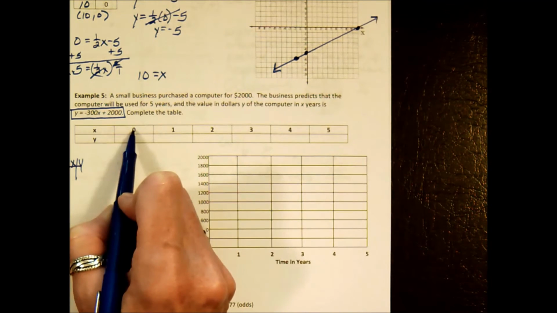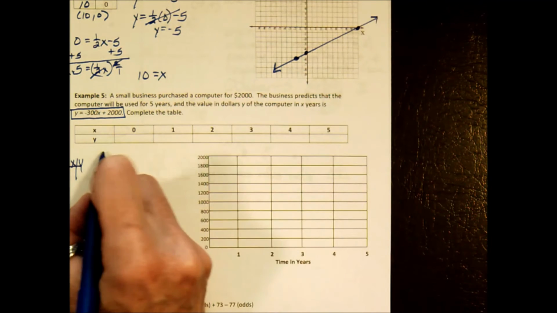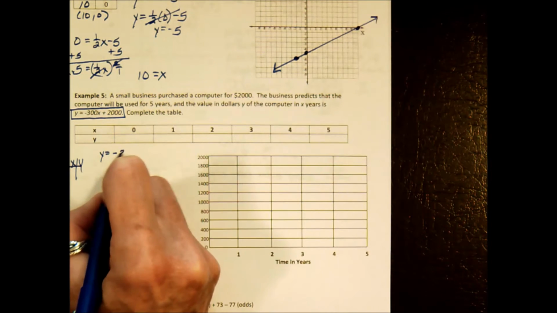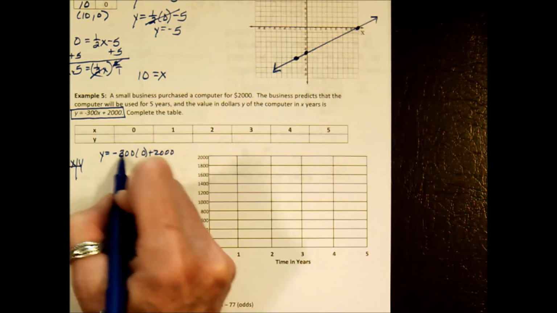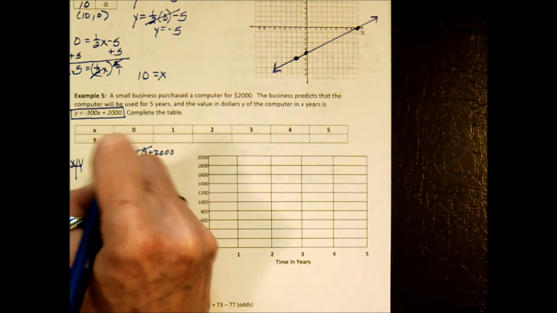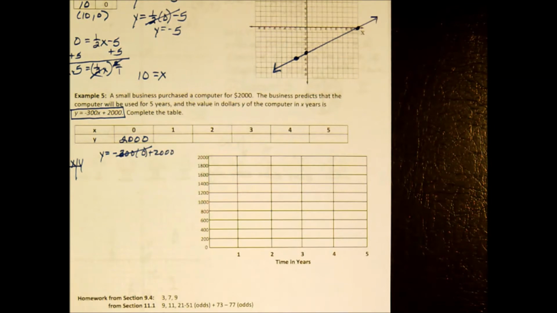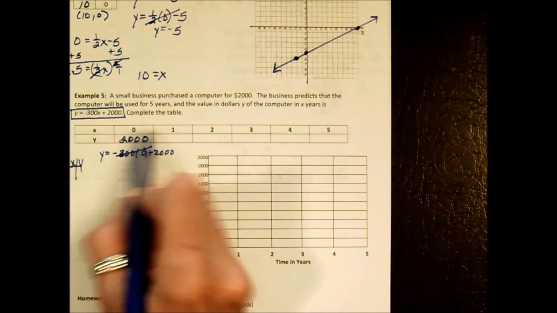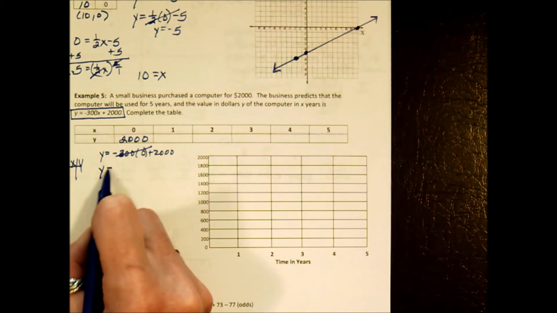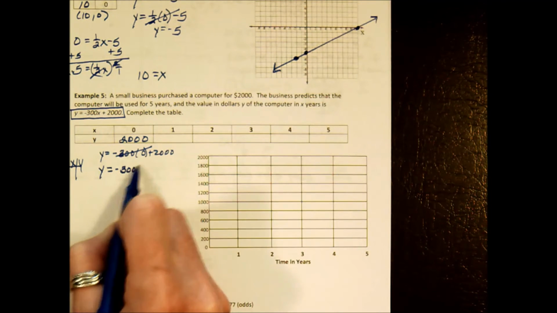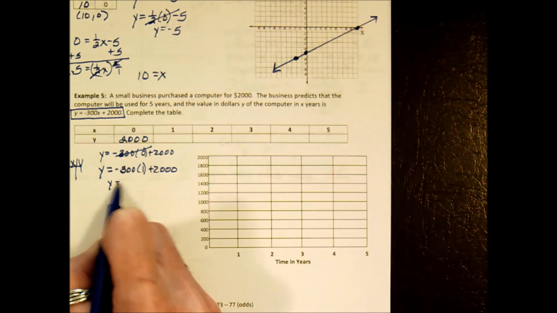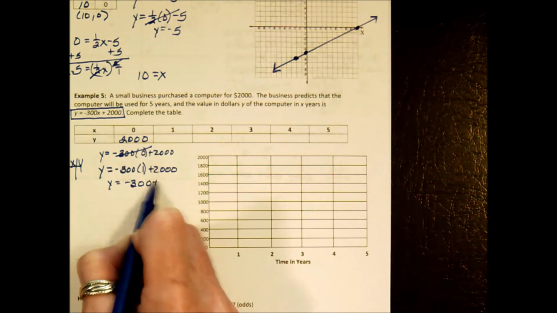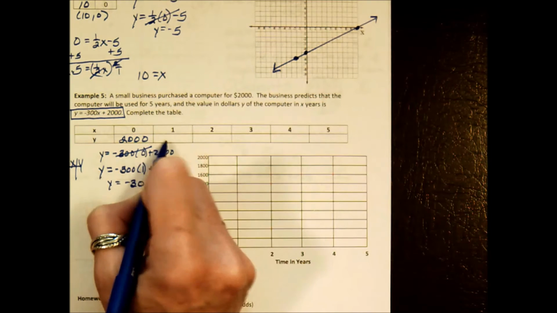So it's saying x is 0. Okay, we can put a 0 in for x. Y equals negative 300 times 0 plus 2,000. That just makes a 0. Y is 2,000. X is 1. Okay, y equals negative 300 times x plus 2,000, or y equals negative 300 plus 2,000, which is 1,700.